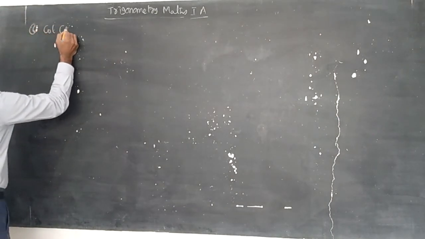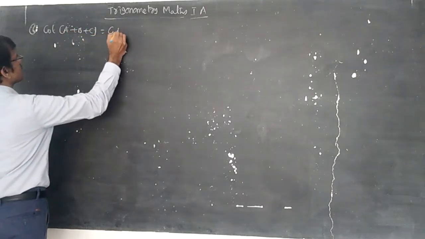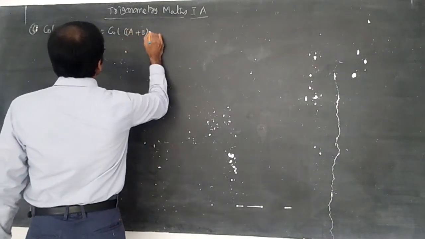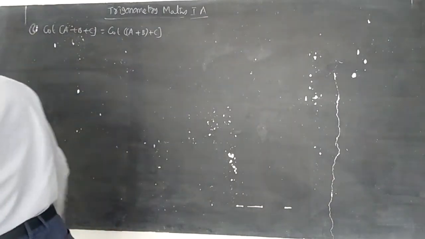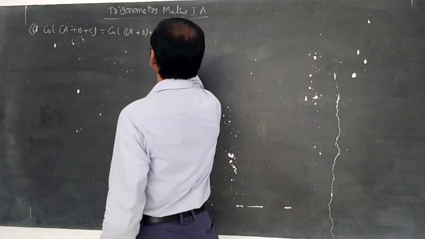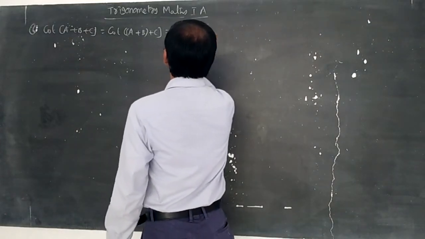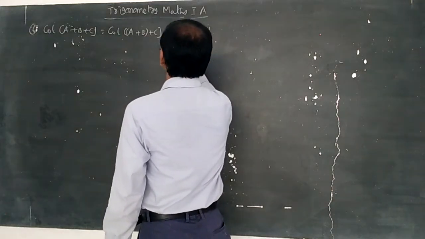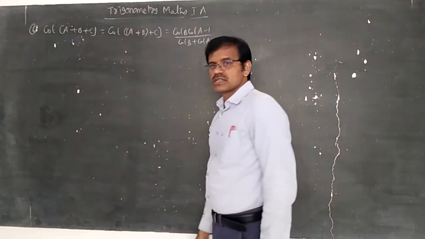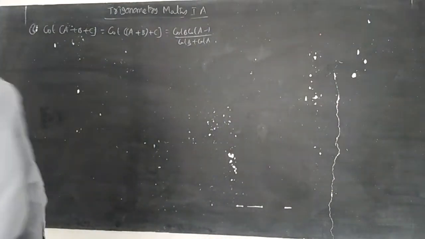Cot of A plus B plus C. You can consider this as cot of A plus B plus C. Let us remember the formula cot of A plus B is cot B cot A minus 1 by cot B plus cot A. Students, I said the formulas are all in the compound angles concept.